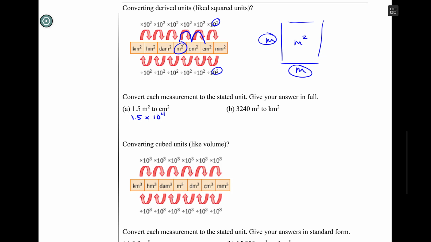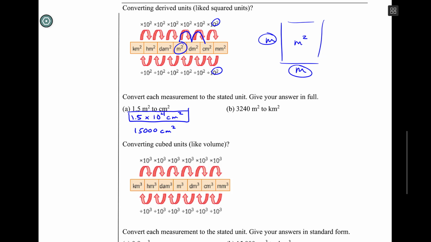That tells me how many centimeters squared I have. So you can give that in scientific notation. There's your answer. Okay, you could also write this out. 1.5 times 10 to the 4th would be the same thing as 15,000 centimeters squared. If you wanted to write it in notation where you know what those numbers are, you don't have to think about the scientific notation. Okay? Either way is going to work.